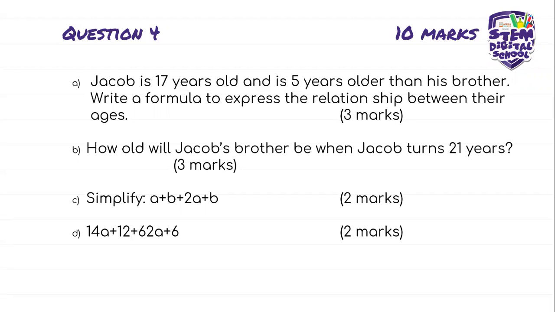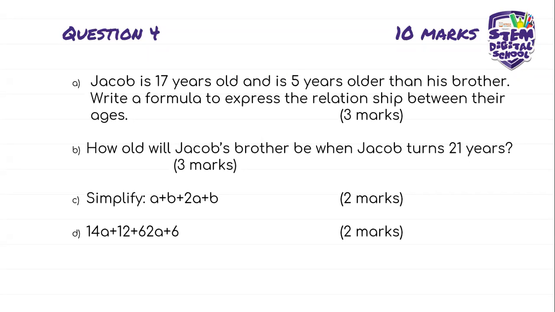And of course, you might also say 5 is equal to 17 minus x. So basically, you can write it in different ways. But at the end of the day, when you calculate the value of x, it will give you the age of the brother. Because it's an unknown age, we put it as an x value.